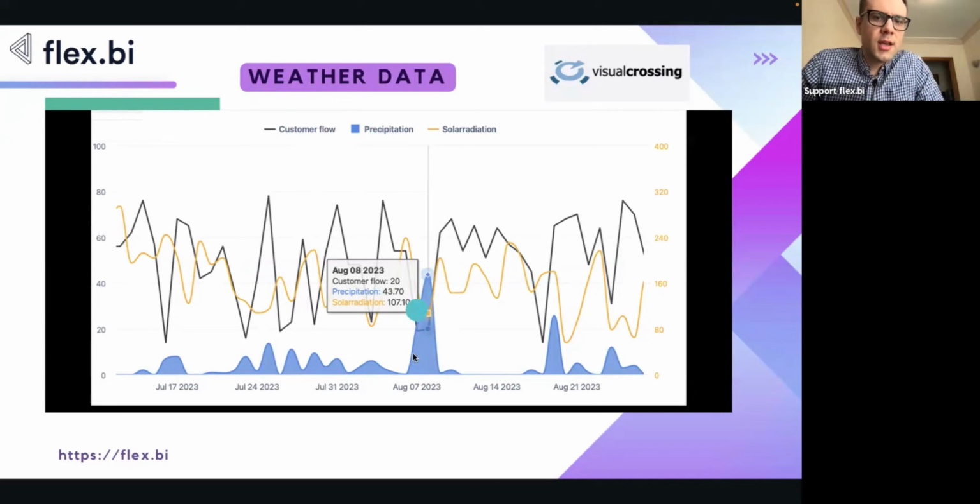So here you can see there was a lot of rain. When there was a lot of rain, there were very few customers, and there's also very little sun, right? So the customer can compare the weather and their sales results, or the customer count, or whatever they wanted to see in this kind of scenario.